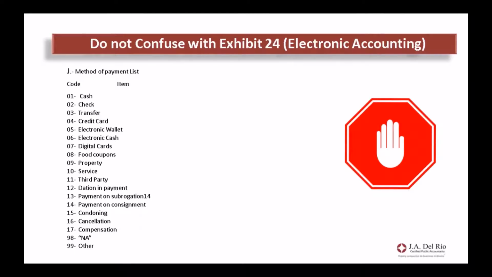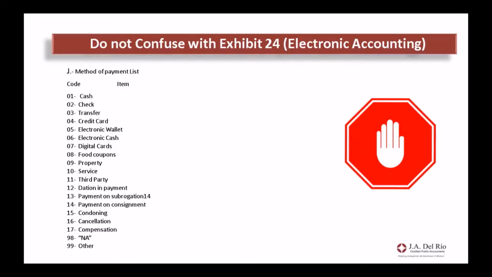So we want to clarify that Exhibit 24, which is the one that we are looking at, is specifically for journal entries. It also has been published by the tax authorities, but it's specifically for journal entries. I know at the beginning it's pretty much the same codes, but this catalog is definitely wider. So we should not be confused in using Exhibit 20.